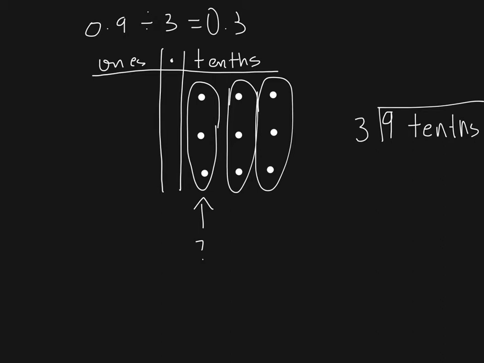That's the 3, which means I'm going to put it into groups of 3, and I want to know how many are in each group. So 9 divided by 3 is 3, and the unit we're using is 3/10. So my answer in standard form would be 3/10.